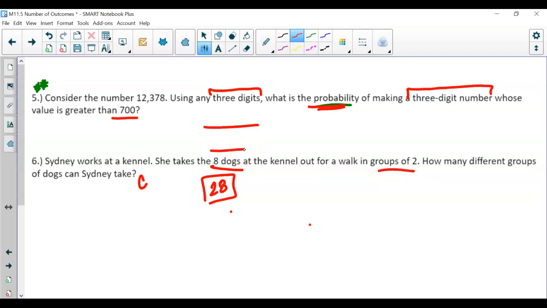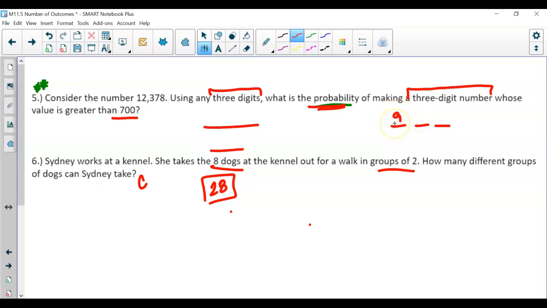Well, if you think about it, digits can be repeated, right? So here, a 3-digit number. Here's what's tricky about this. A 3-digit number, how many digits are there for the first? There's actually 9. Because can you have 0 as the first digit for a 3-digit number?